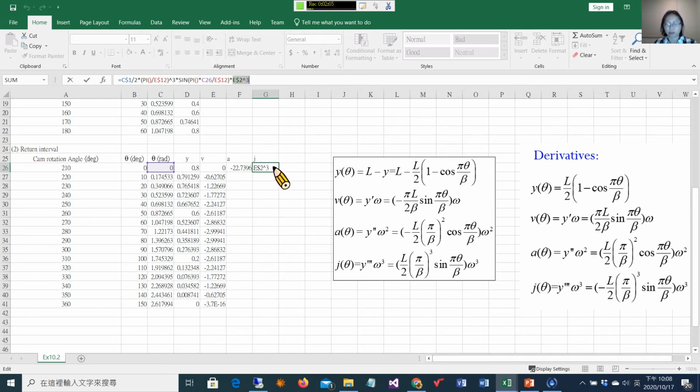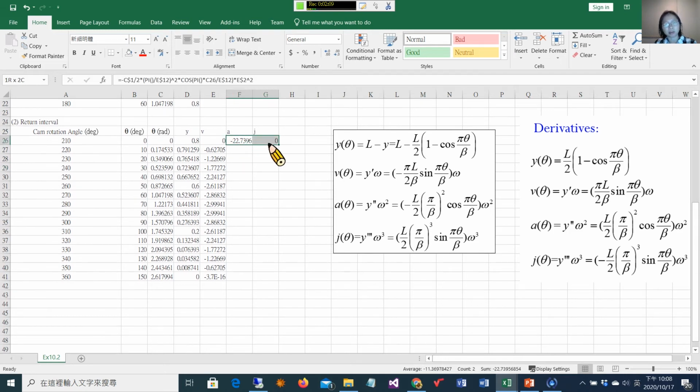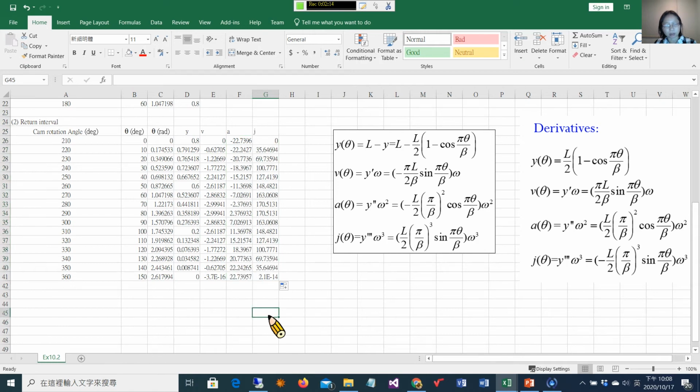This equation is also correct. So we copy this to the other cells. So we got all the values: velocity, acceleration, and jerk.